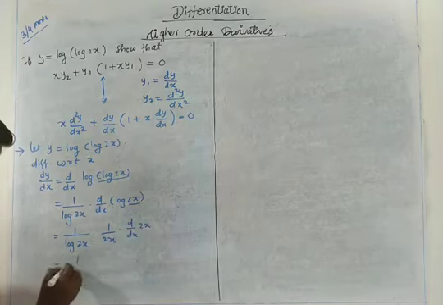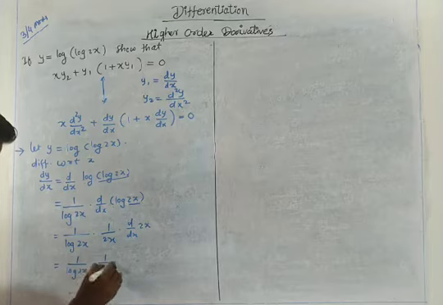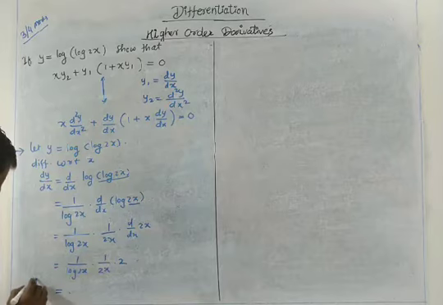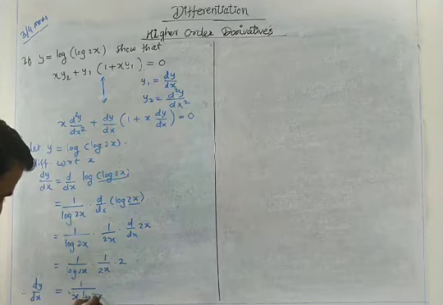So here 1/log(2x) into 1/(2x) into the derivative of 2x, which is 2. Okay, so what is the value of dy/dx? We get 1/(x log 2x), as the 2 gets cancelled.